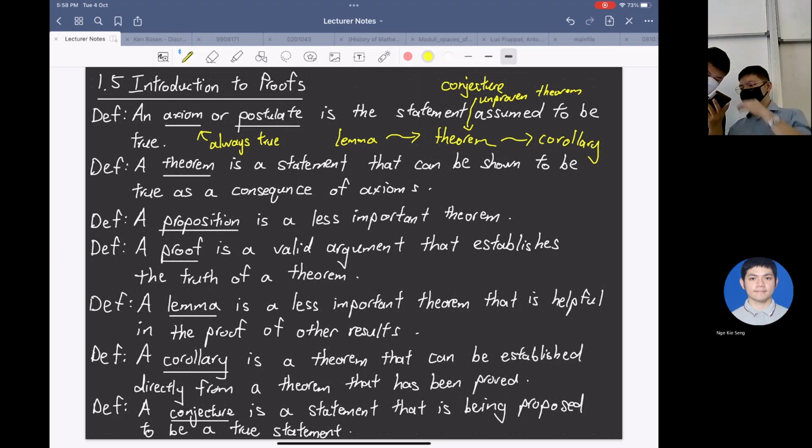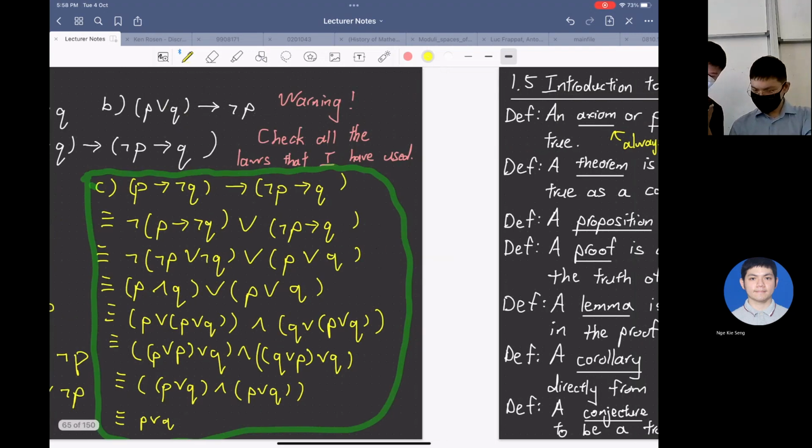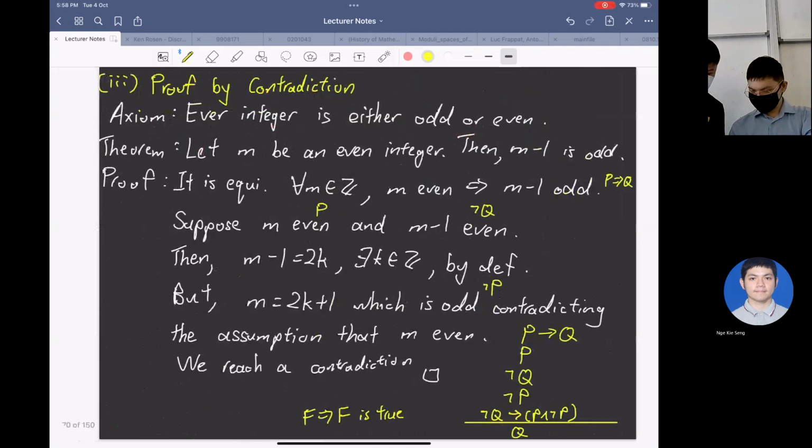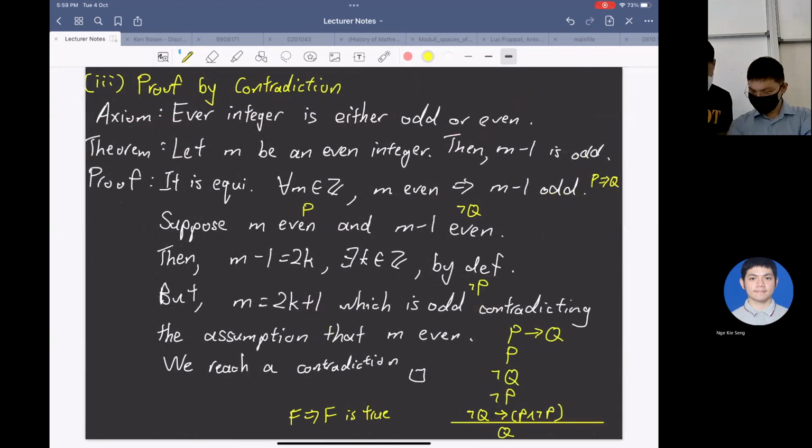So from not Q, we can get P and not P. Not Q is that.